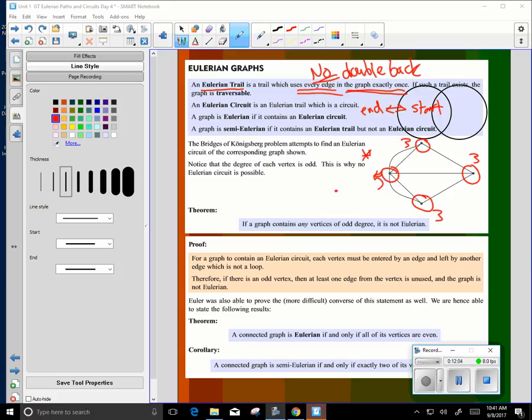Let's do a basic one here. Is that going to be Eulerian? Yeah. How many degrees at each one? 2. Now, let's say that I put these two and these two.